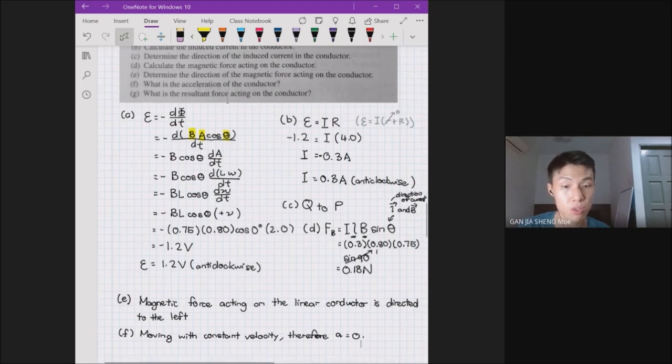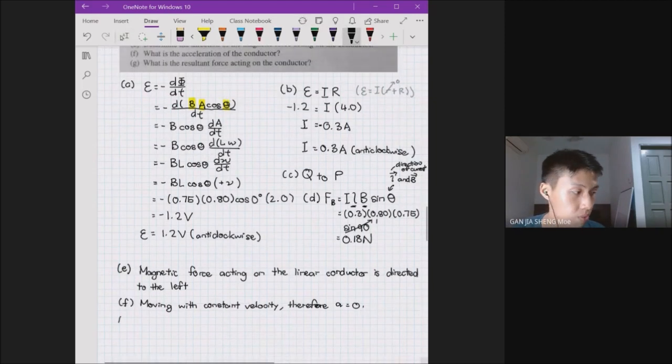Resultant force should be equal to 0. Because a is equal to 0, and sum of F is equal to ma, then your net force will be 0. So the resultant force is 0.